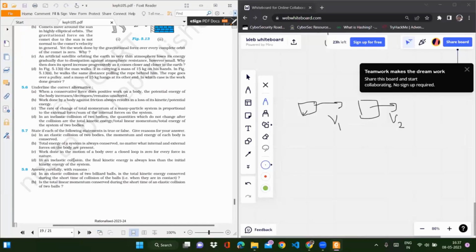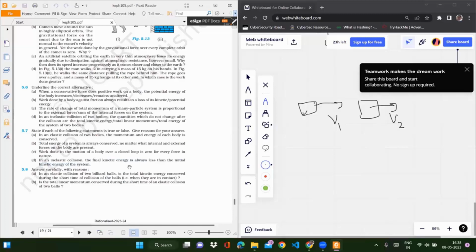Definitely in an inelastic collision, there will be some loss in the total energy of the system, which is due to the deformation of the bodies. But as the total energy is the sum of kinetic energy plus potential energy, we cannot say that the final kinetic energy will always decrease.